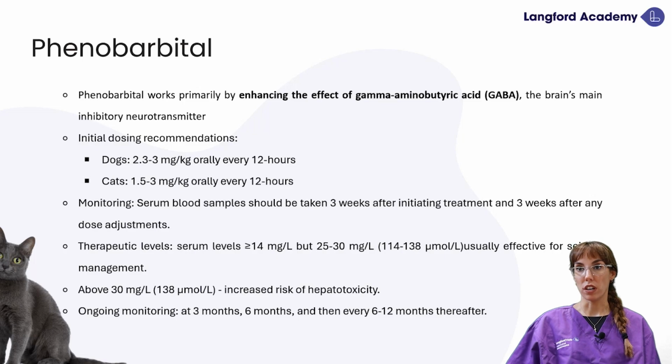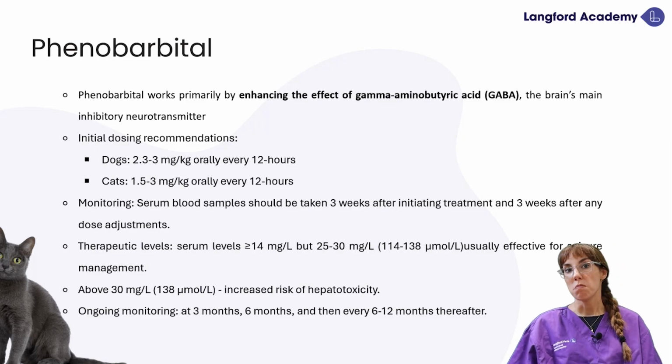Levels above 30 milligrams per litre add very little benefit, and they can increase the risk of hepatotoxicity, so I would never increase further than that. And just be aware that you need ongoing monitoring. So you're going to be seeing these patients back for blood work more or less every 3 months, then every 6 months, and then every year, maybe every 6 to 12 months thereafter.